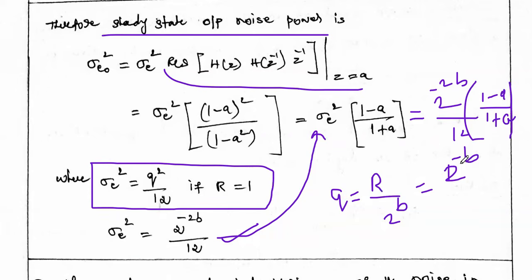If A value were given, we could get some finite answer. So this is the steady state output noise power produced at the output of the digital filter.